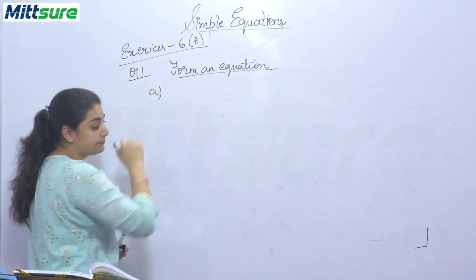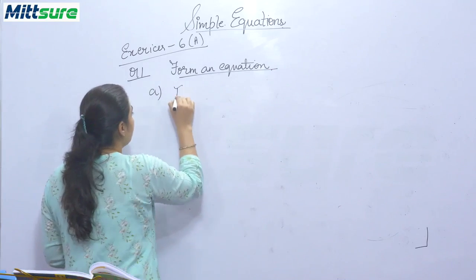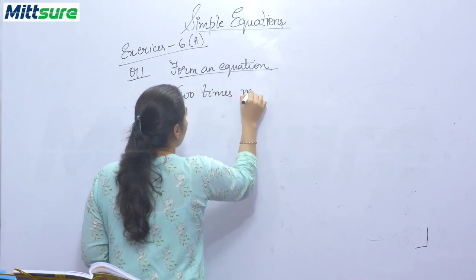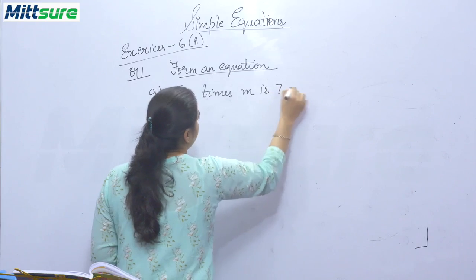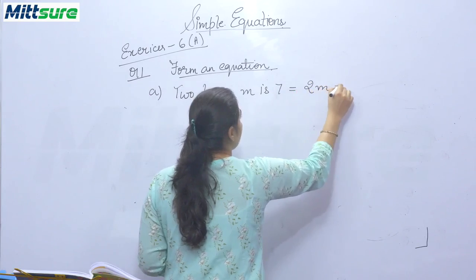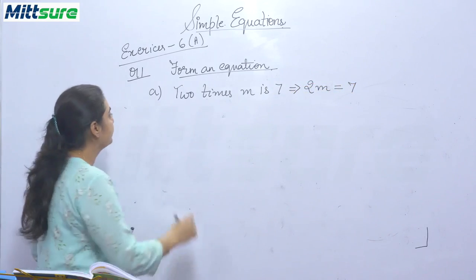So the A part: 2 times m is 7. That is 2m equals 7. This is the equation, right?